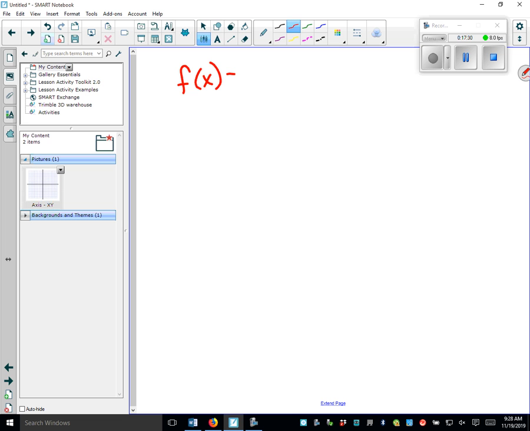So if f of x equals... we will not do one on the test with more than 2 pieces.